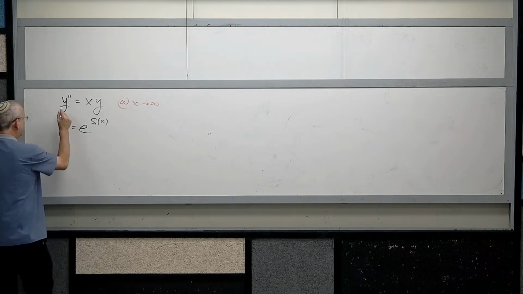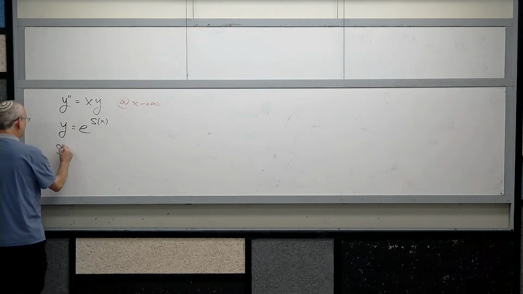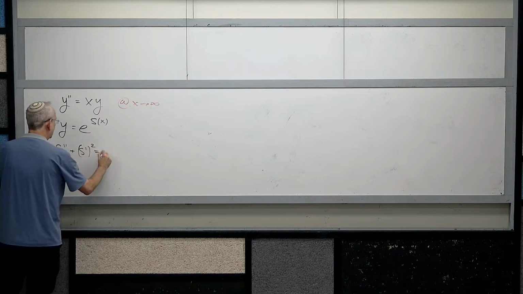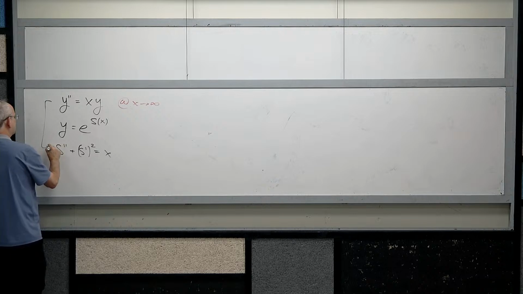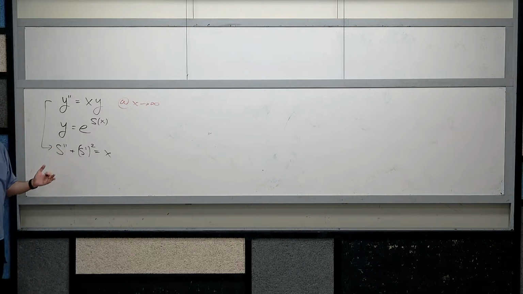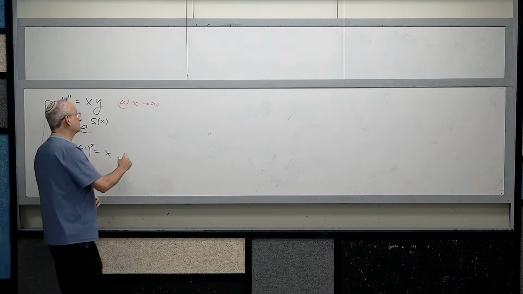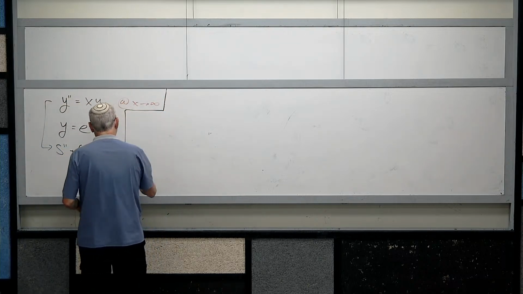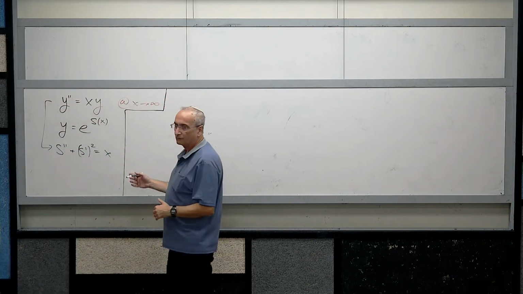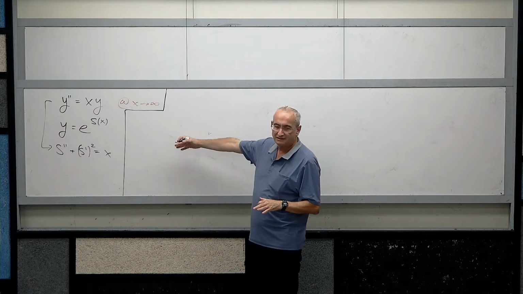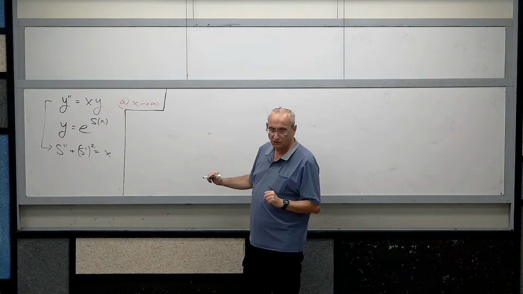And we find out that the equation now is s double prime plus s prime squared equals x. This and this are the same equations, and of course the hardness of solving this is exactly like the hardness of solving this, because there is a law of conservation of hardness, and we didn't do anything by plugging in this expression.